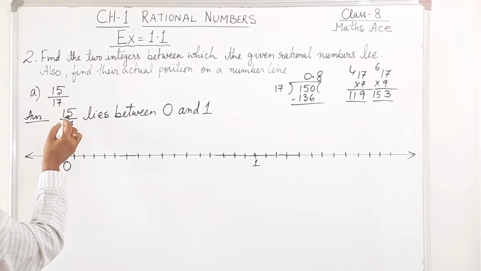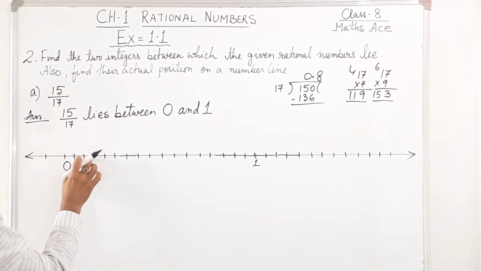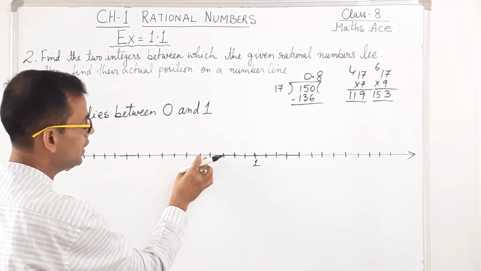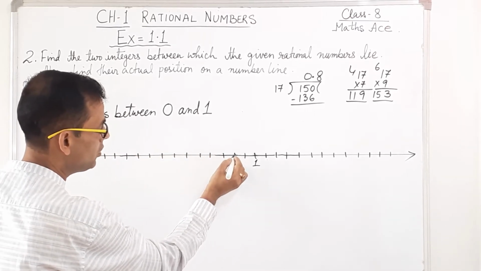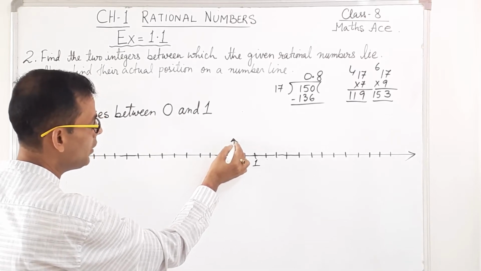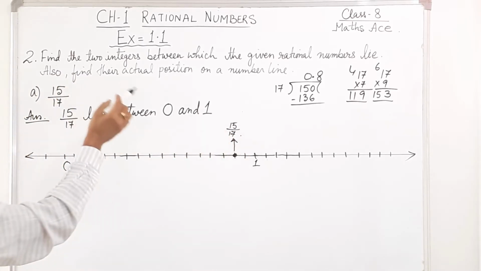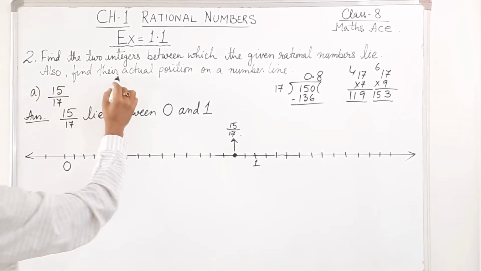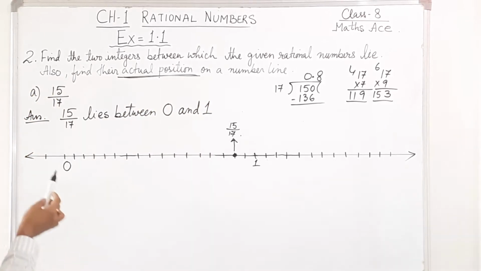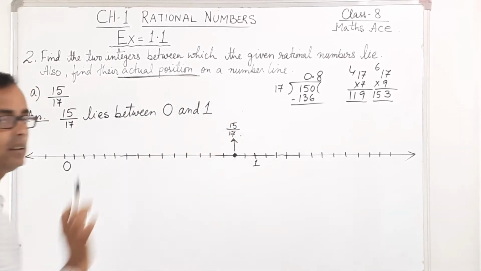Now it is telling what? 15 out of 17. So 15: 1, 2, 3, 4, 5, 6, 7, 8, 9, 10, 11, 12, 13, 14, 15. So this is the point. I can give an arrow mark and write 15 by 17. So like this way you have to find out its actual position, and you can see it is lying between 0 and 1. So I wrote this one 0 and 1.